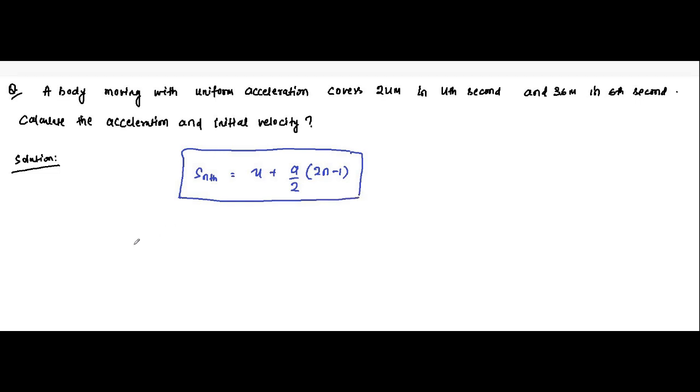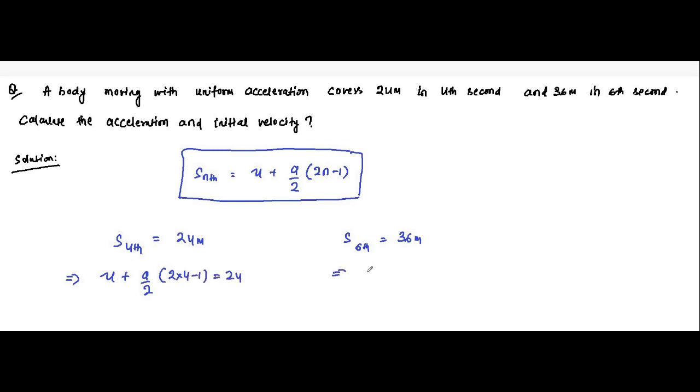So here it is given that in the 4th second it covers 24 meters and in the 6th second it covers 36 meters. That implies u plus a by 2 into 2 into 4 minus 1 is equal to 24.